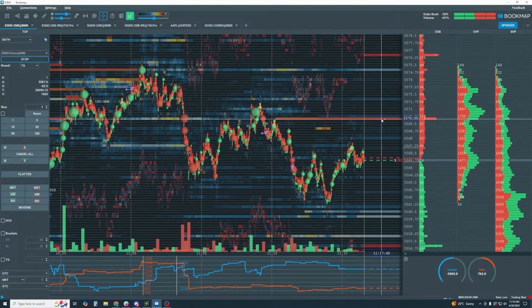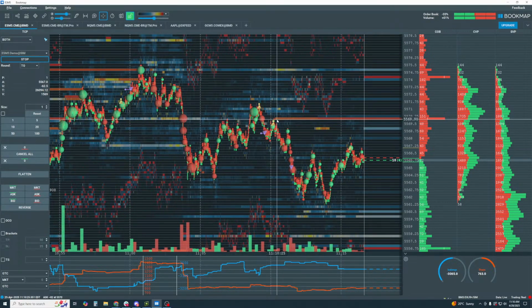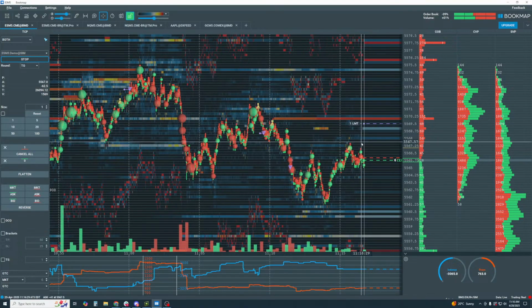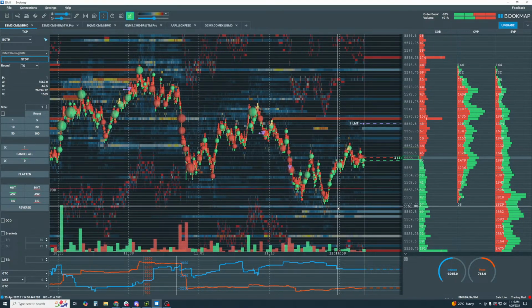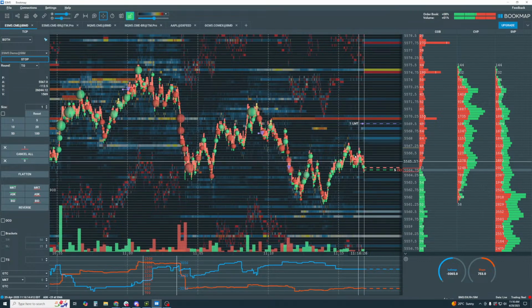Target would be the top of the range here, or where this liquidity is. Let's front run it. Again, this is not a setup.